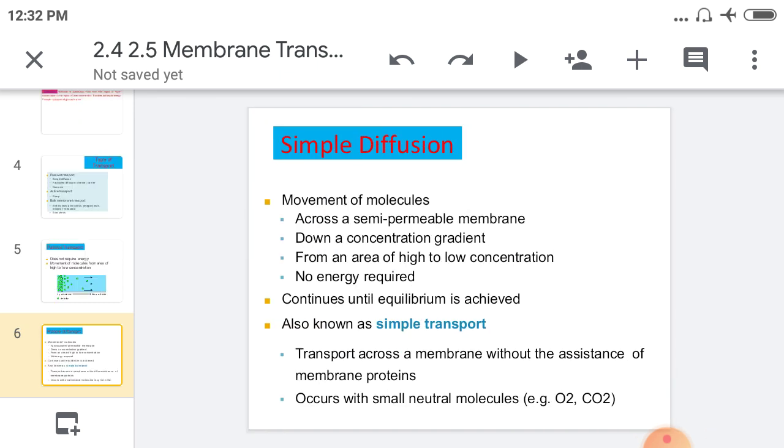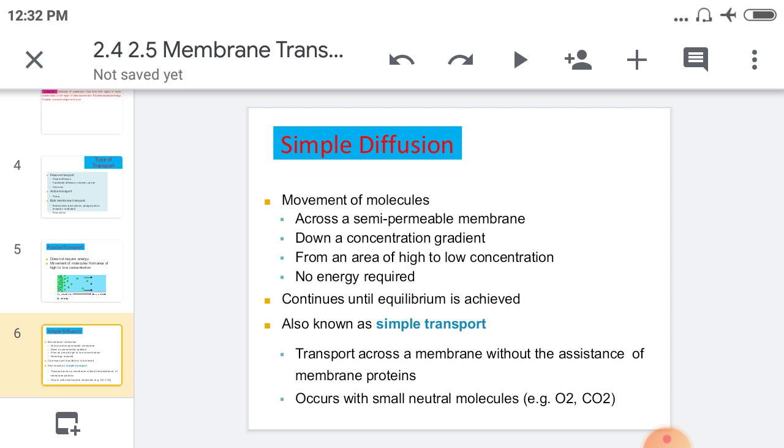In passive transportation, the first type is simple diffusion. In simple diffusion, there is transport of molecule from higher concentration to lower concentration without use of energy, and when it is completed, the concentration gradient becomes zero. It means in passive transportation, equal distribution of molecules takes place.